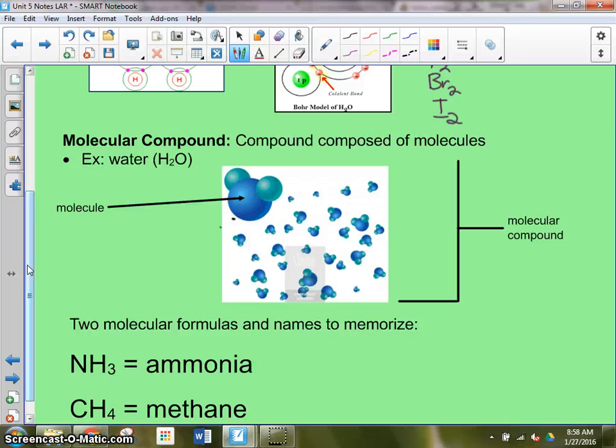But one of the things that can happen is a molecule doesn't necessarily have to be the lowest ratio. So when we looked at something like, say, calcium chloride, we said that's the formula unit because when I cancel out my charges, I will always have one calcium for every two chlorines. But let's say maybe I look at something like glucose, which is a covalent molecule.